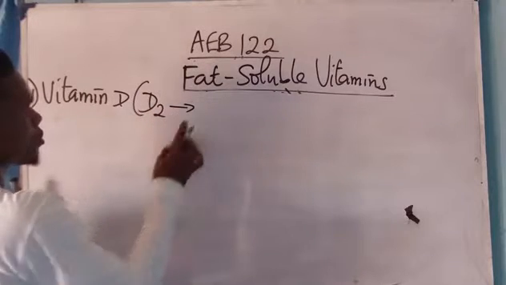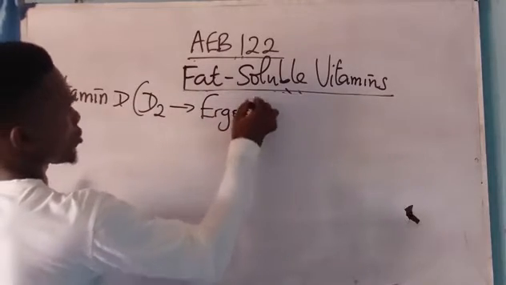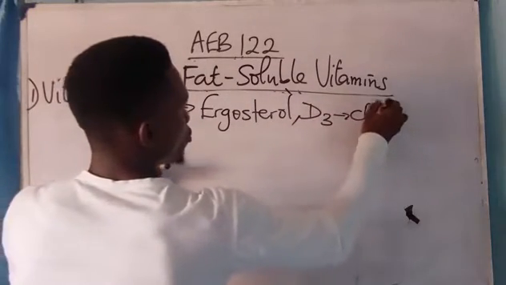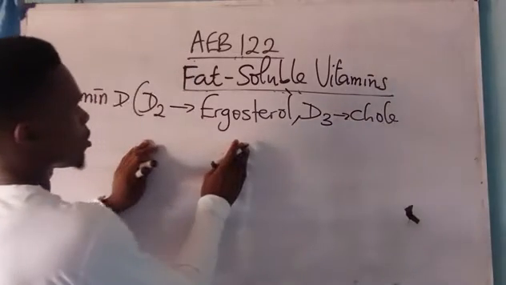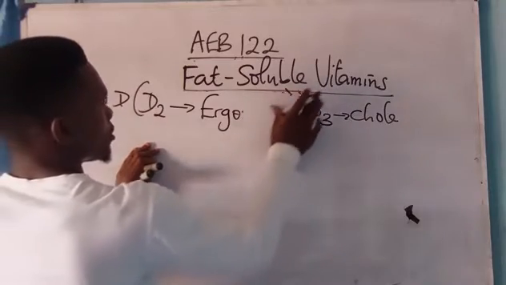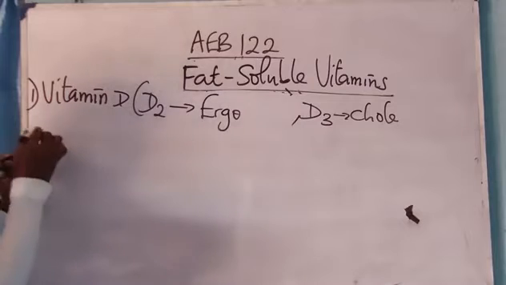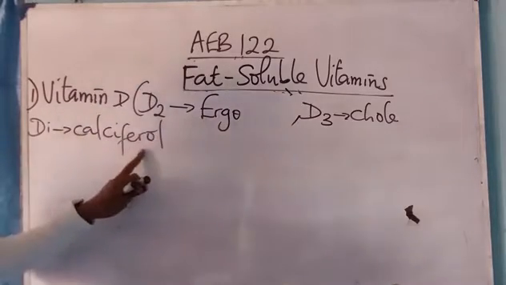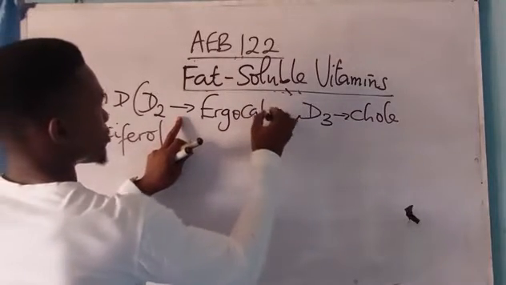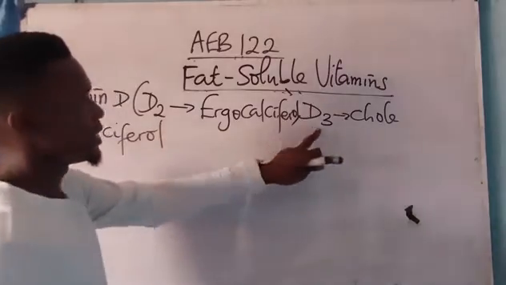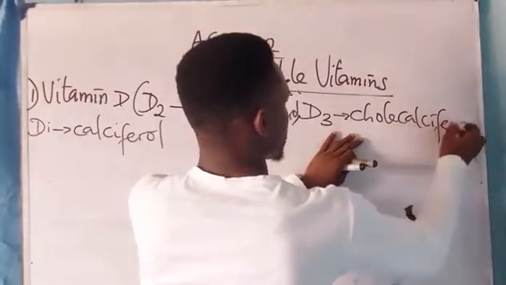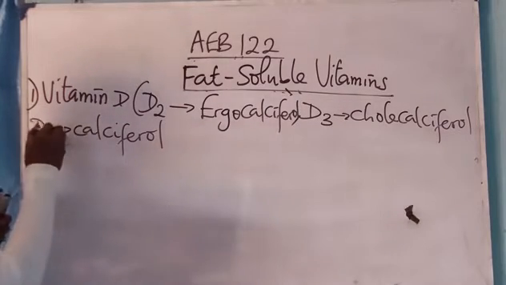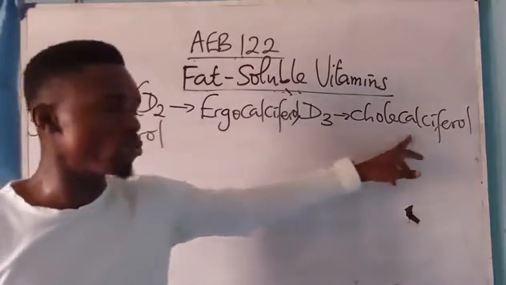D2 is called ergocalciferol, and D3 is called cholecalciferol. So we have calciferol D1, ergocalciferol D2, and cholecalciferol D3.